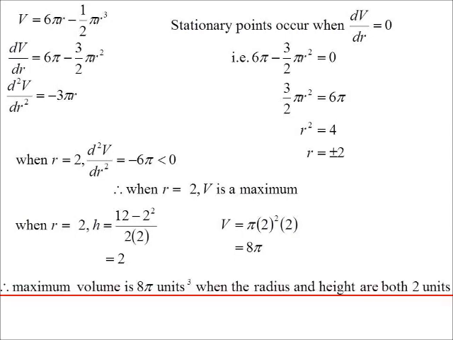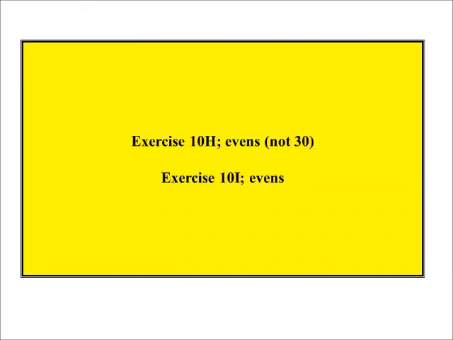So it's 8 pi units cubed when the radius and the height are 2, but notice again, the perfect solution there was when the radius and the height was the same amount. Alrighty, let's play with our maximum and minimum problems.